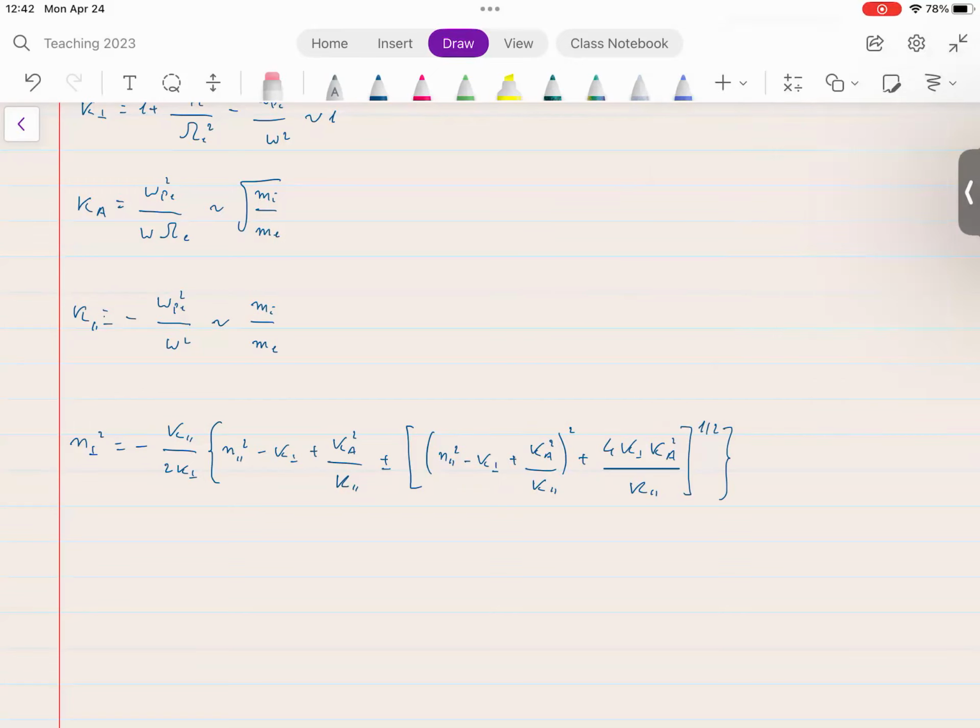Now, the interesting root is the one with the positive sign. So we're going to get the plus sign. This is going to give me larger n perp square, which corresponds to the smaller value of omega over k perp. And that is the reason why the lower hybrid wave is also known as the slow wave.